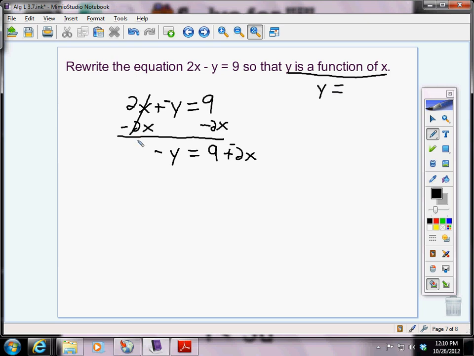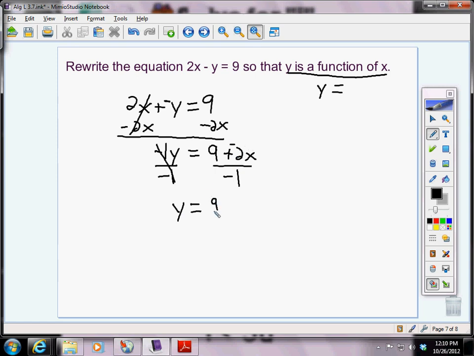We want y equals, we have negative y here. Well, there's a couple different ways you can think of this. The easiest way might just be to think of this like saying there's a negative 1y. And if I wanted to get rid of a negative 1, I would divide both sides by negative 1. Negative 1 divided by negative 1 is 1y. Over here, we have to make sure we divide this whole thing by negative 1.